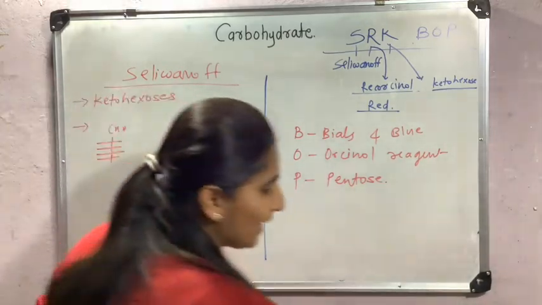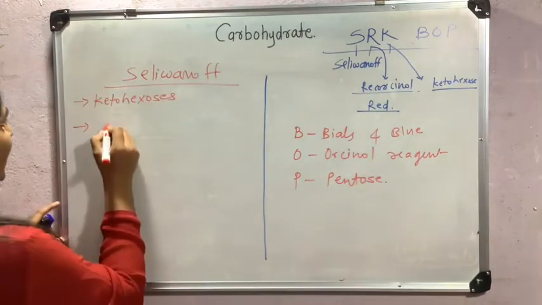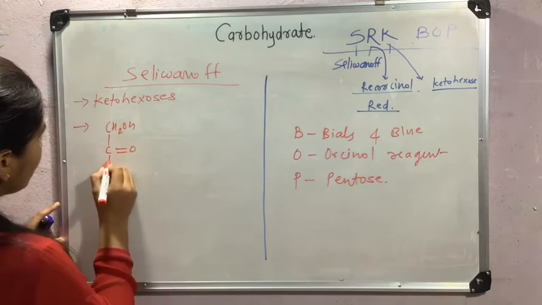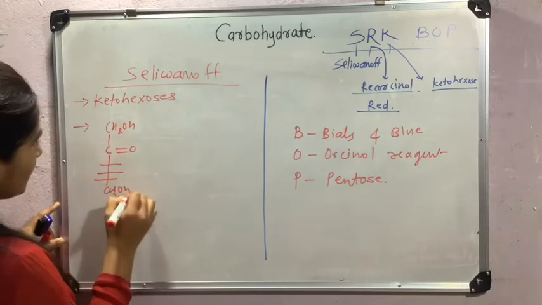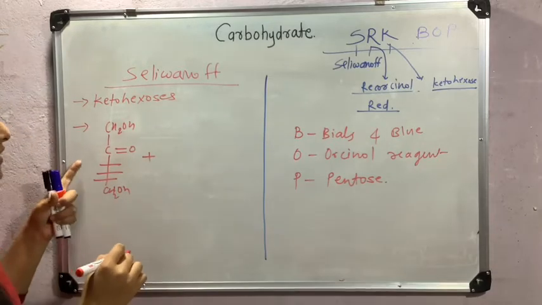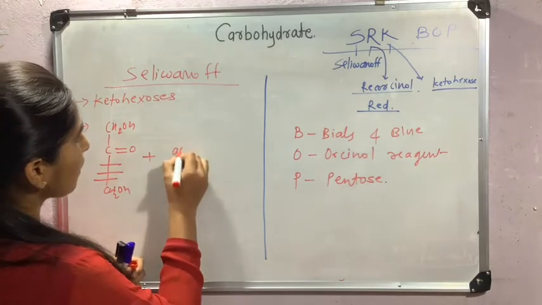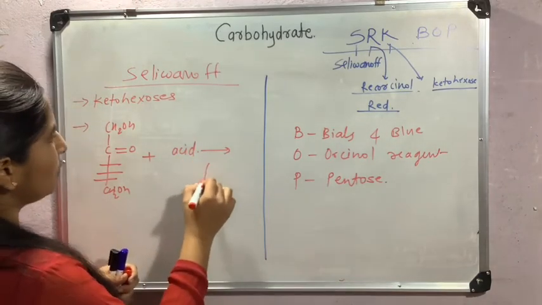Sorry, this is an aldohexose, not a ketohexose. Ketohexose is like this: 1, 2, 3 and CH2OH. These ketohexoses will react with acid and we will get furfural.